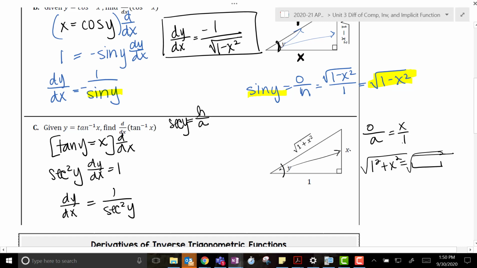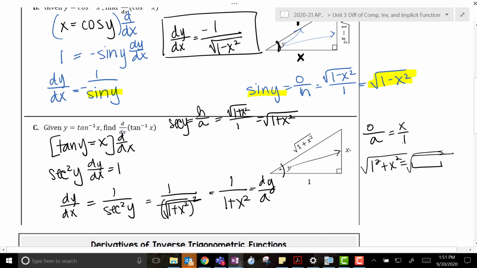In this case, that happens to be the square root of 1 plus x squared over 1, or just the square root of 1 plus x squared. When I plug this into my formula, you get 1 over the square root of 1 plus x squared, squared. Those cancel out, and we're just left with 1 over 1 plus x squared. We'll write that dy over dx right here.